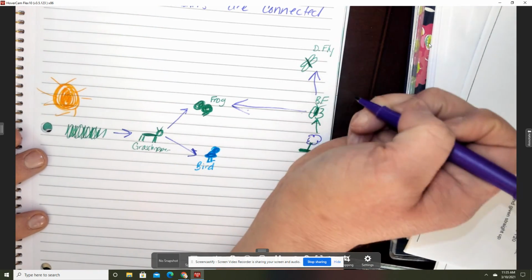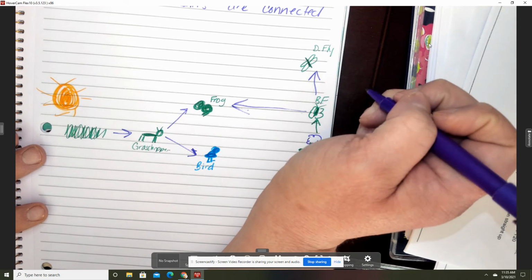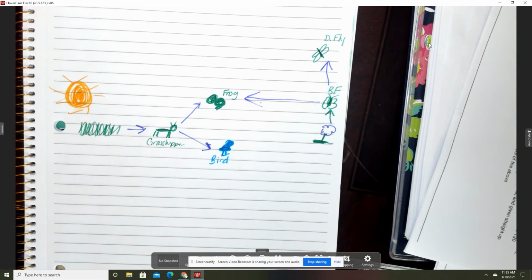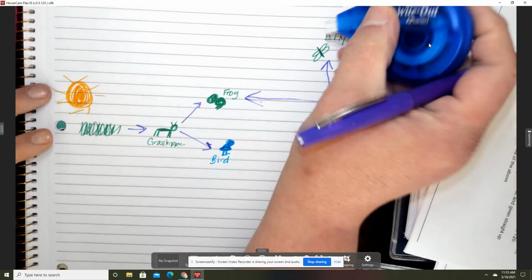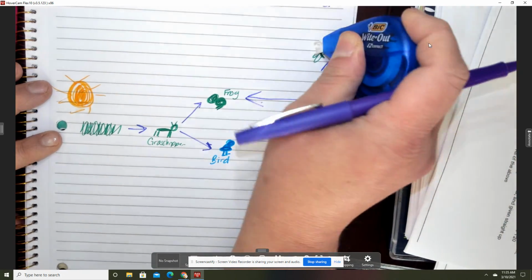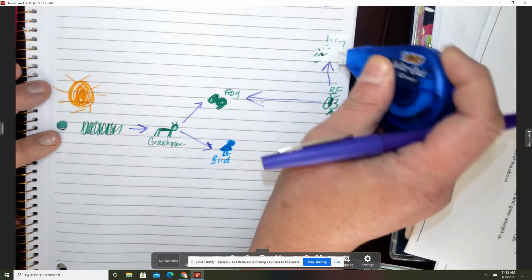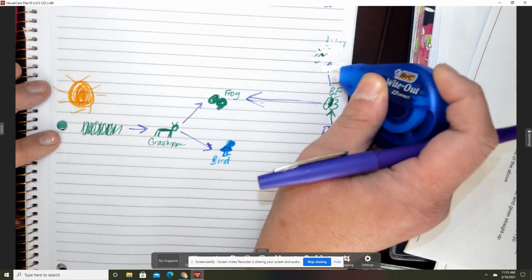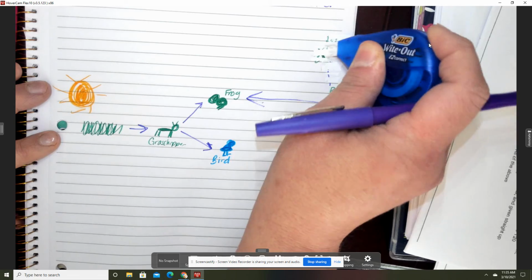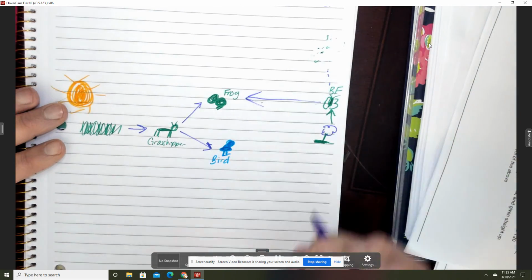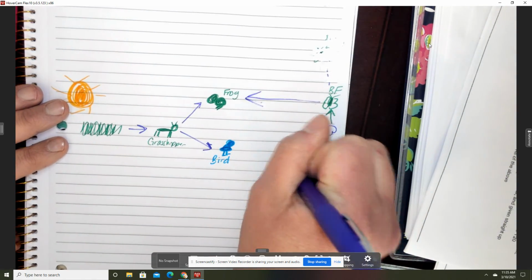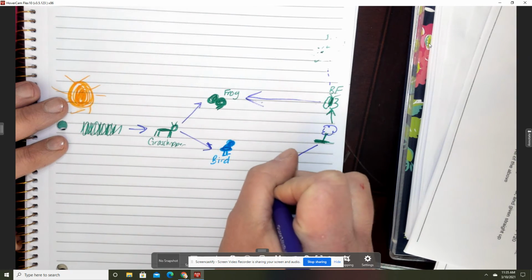But I should have drawn that down there. Oh, you know what? Let's do that. Let me draw that like that. Hold up. Let me draw the dragonfly down here. I need new of these. Okay. So maybe down here, there we go. That makes more sense. We'll have the dragonfly.